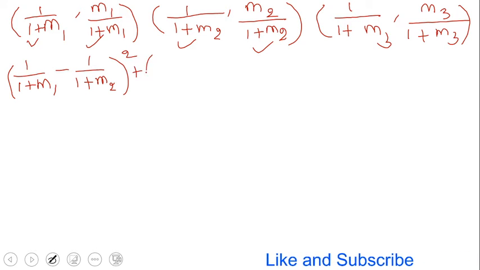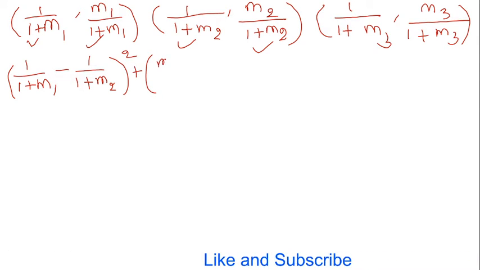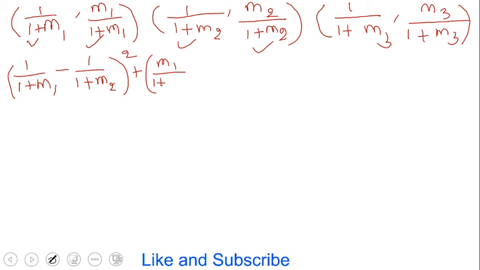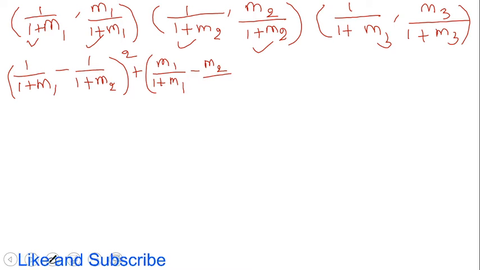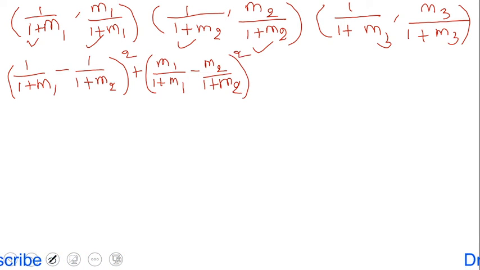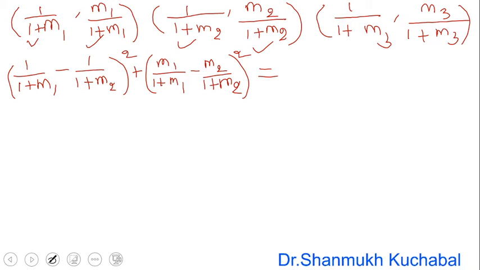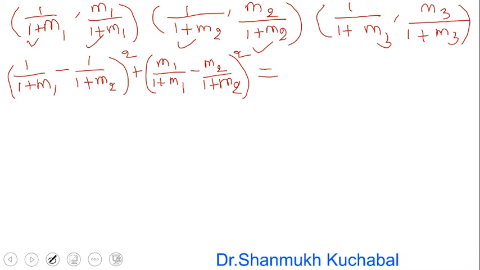Next we get m1 divided by 1 plus m1 minus m2 divided by 1 plus m2, whole square. So the distance between these 2 points we have calculated.